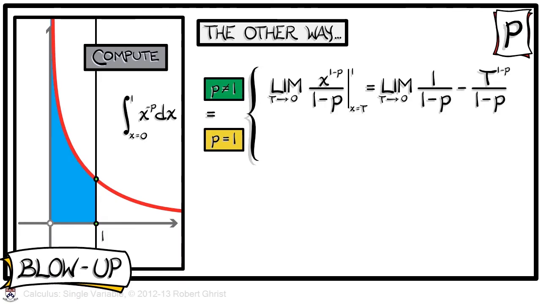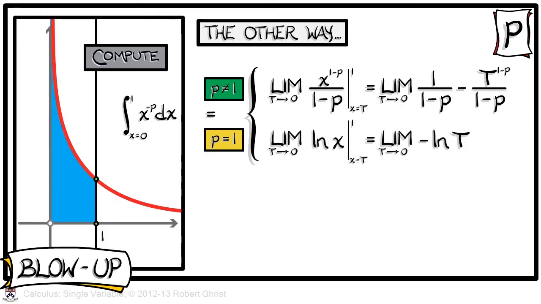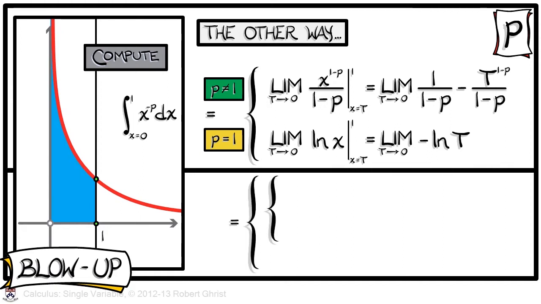So, evaluating as x goes from t to 1, and taking a limit as t goes to 0. This will break up into two cases when p is not equal to 1, or when p is equal to 1. In these cases, again, we get sometimes convergence, sometimes divergence.